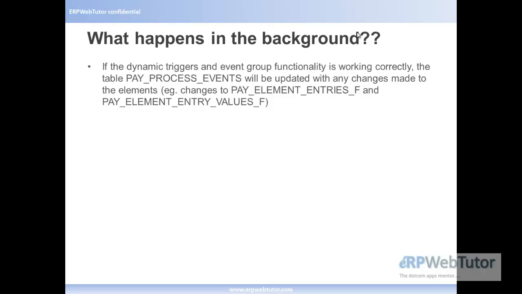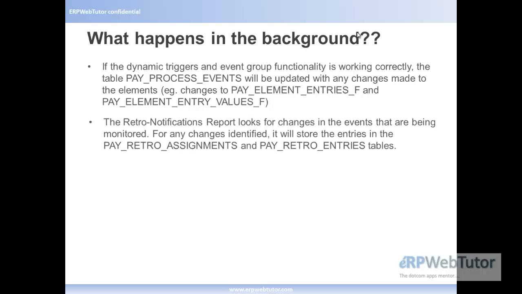So that's how Oracle, or the system in the background, will look for changes. Now, the retro notifications report looks for changes in the events that are being monitored. So it's monitored continuously by the triggers. If you make changes, the pay process events data gets populated with the event.